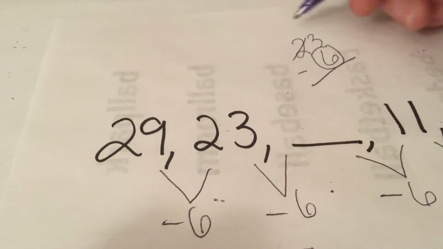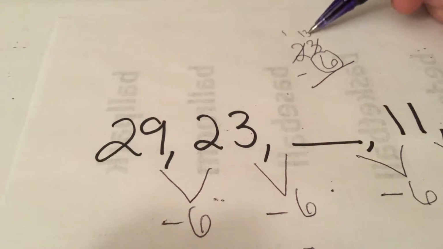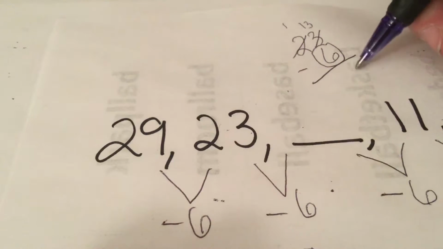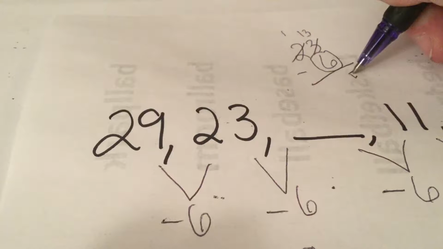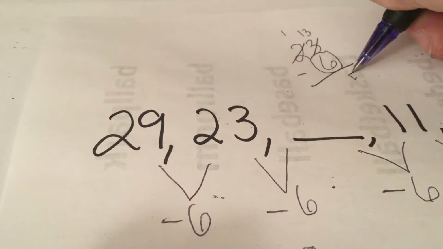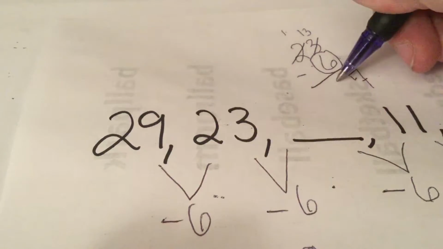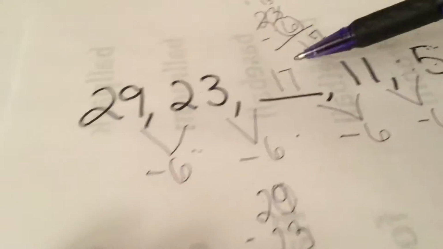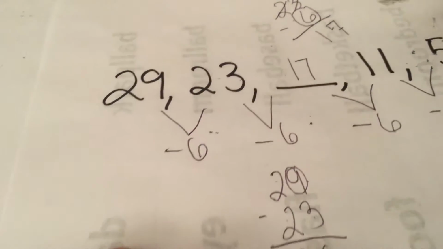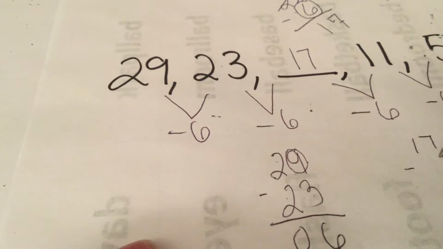More on the floor, go next door to borrow 10 more. 13 minus 6 is equal to, oh, Miss Wadley almost made a boo-boo, is equal to 7, and 1 minus 0 is 1. So I'm going to put 17 in, and I'm going to see, does 17 minus 6 equal 11? Just to double check, because I don't want to make some sort of careless boo-boo like I almost did.